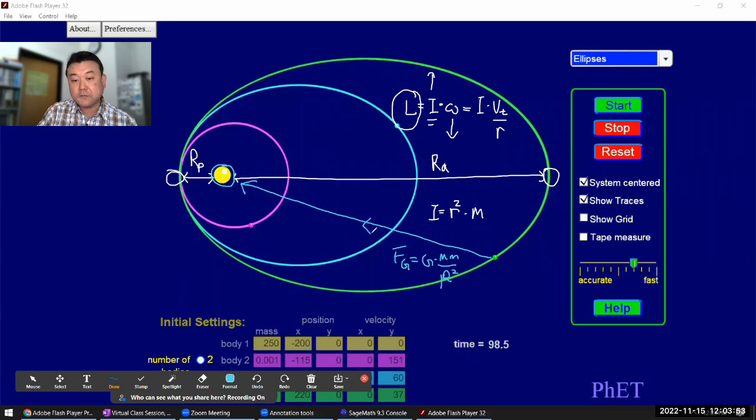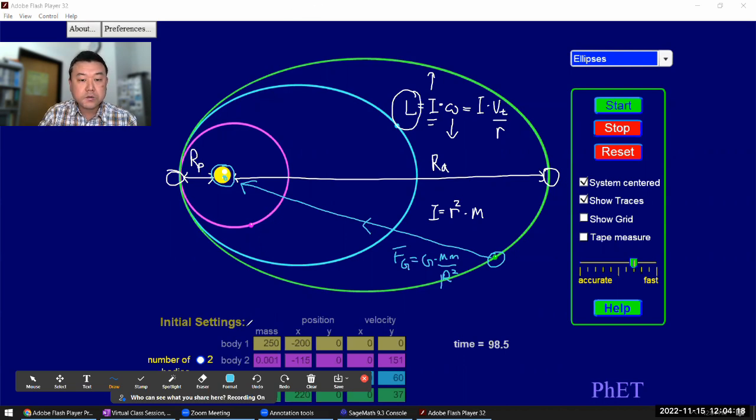So given this external force, why should the angular momentum be conserved? This is because gravity is a central force, meaning gravity is in the exact direction that I have drawn. It acts on this body, pointed in the direction towards this center where it's coming from.